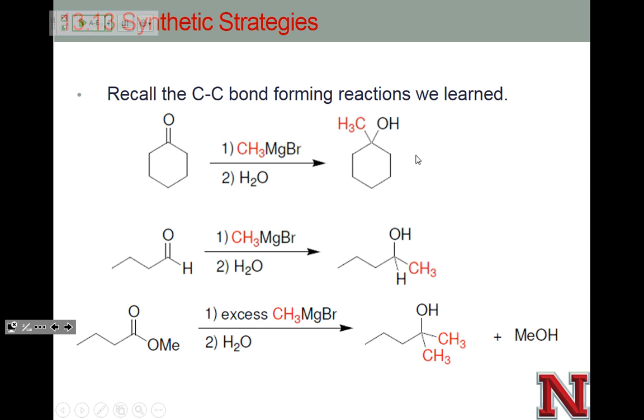Hydrogen and carbon cannot leave with a negative charge, but oxygen can leave. This can't react with a carboxylic acid because the Grignard would just deprotonate the carboxylic acid instead of attacking the carbonyl carbon. In the case of an ester, we're going to get two additions because of that leaving group. In all cases, we form an alcohol.